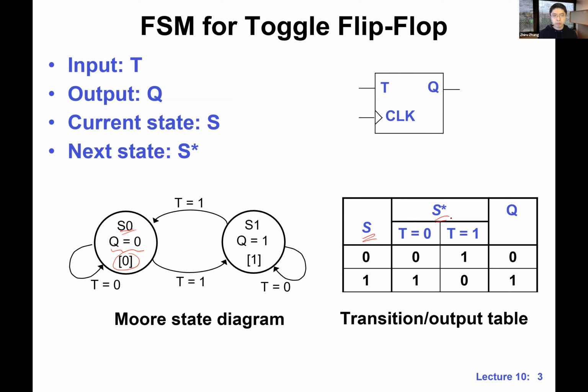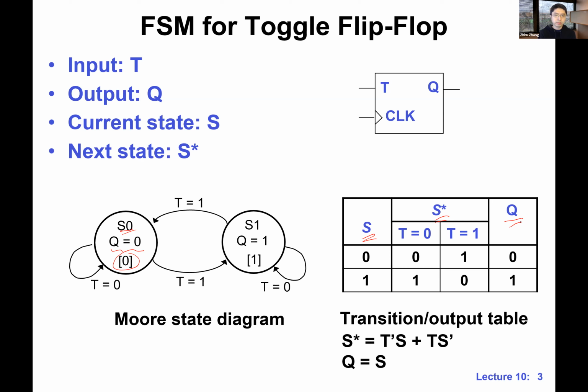The current state is part of the input for this extended truth table. It's really a truth table. S star is part of the outputs, and of course the actual output is also part of the outputs. If you fill out this transition output table, it's going to be pretty clear.